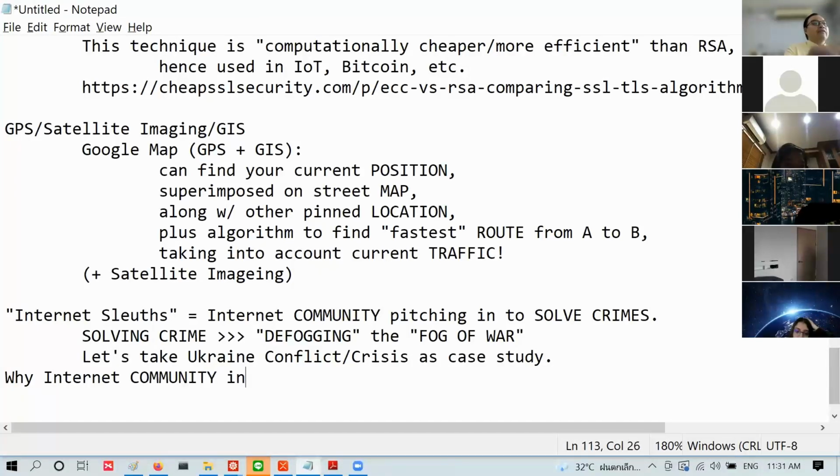Why internet community involved in wartime intelligence?